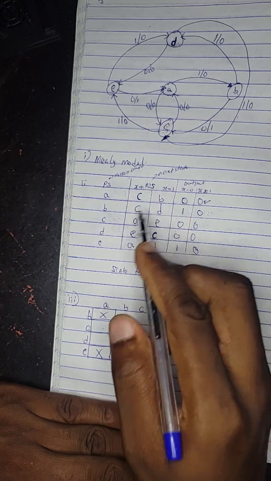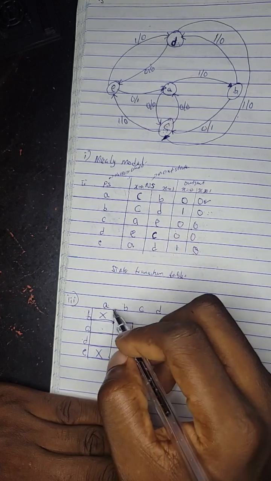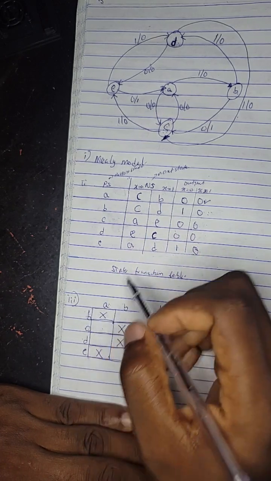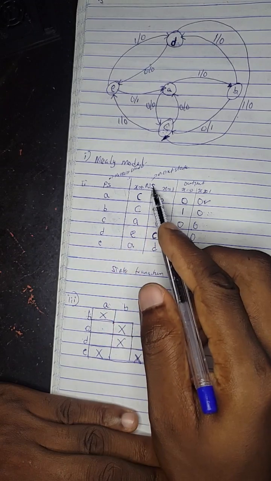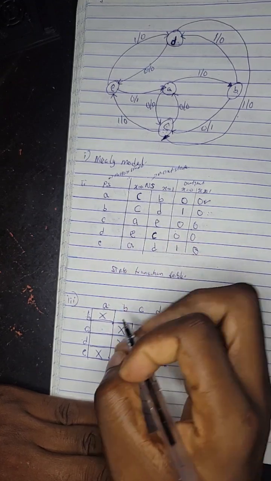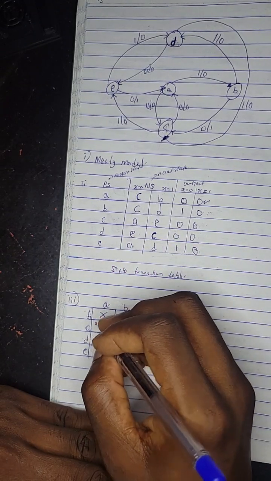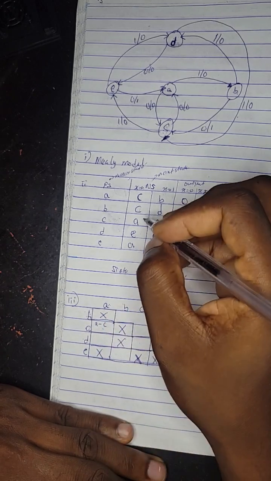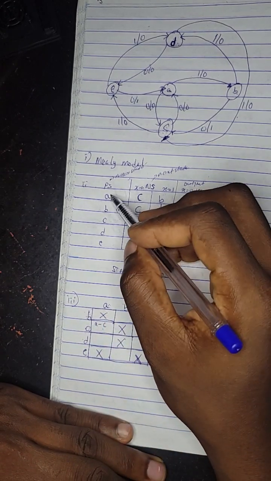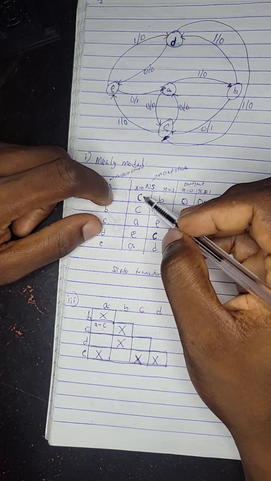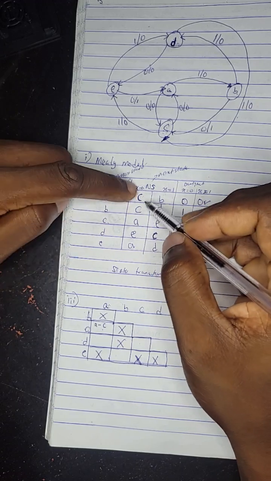check the next state. So now for A and C, let's say A and C will be equivalent if A is equal to C. This is one here. This is A and C. The next state of A and C is this CA.